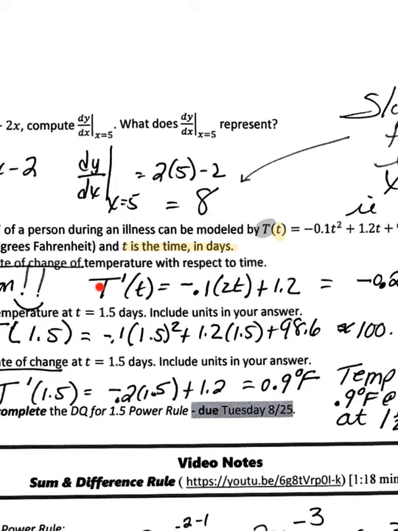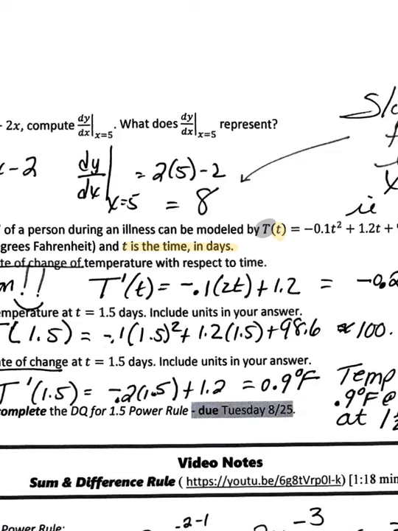We've got T prime, that's big T prime of little t, and take the derivative one term at a time. Bring the 2 down, 2 times -0.1, -0.2. Derivative of 1.2t, coefficient 1.2. Derivative of a constant, remember that's a horizontal line, slope is 0, so we get a 0. So the rate of change of our function is going to be the derivative of our function.